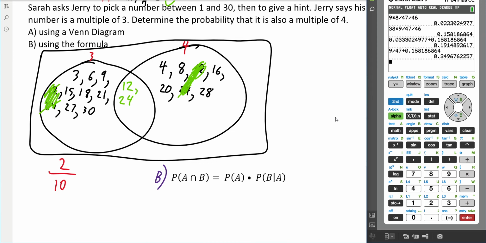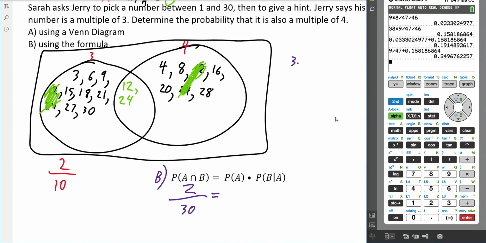So the intersection of A and B. Well, how can we figure out the intersection of A and B? There's a few different ways, but we can figure out that there are 2 out of the 30 are the intersection.